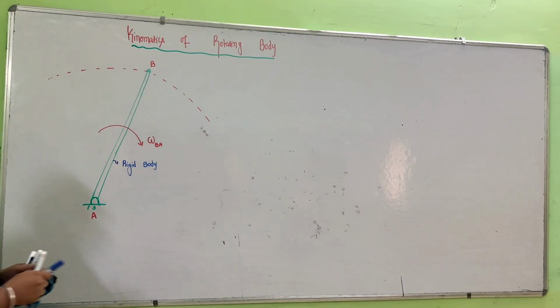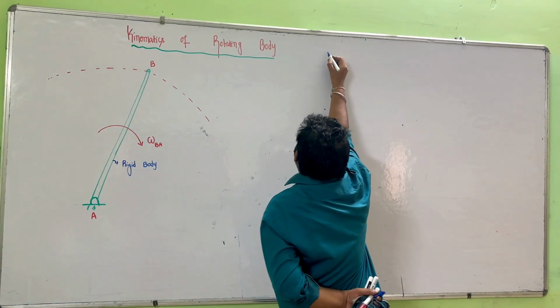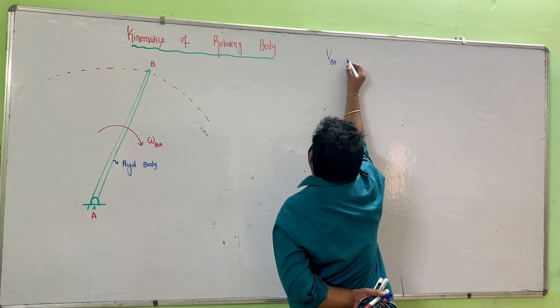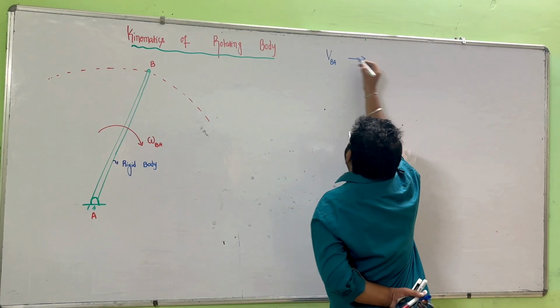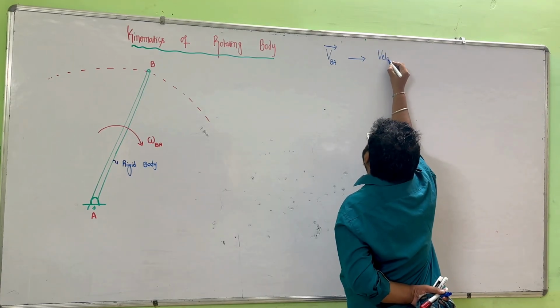Clear? So what is the velocity at point B with respect to point A? It's a vector.